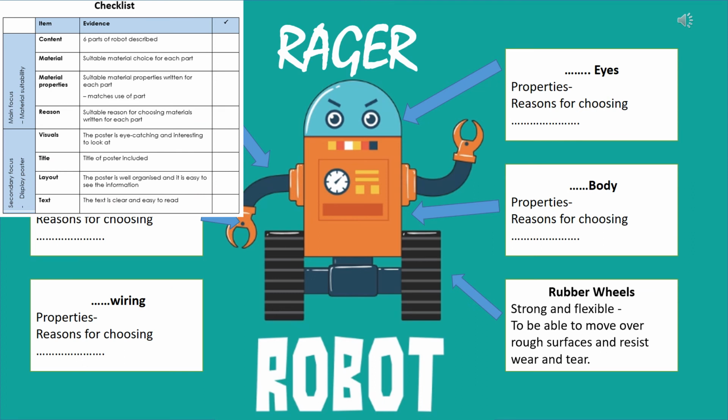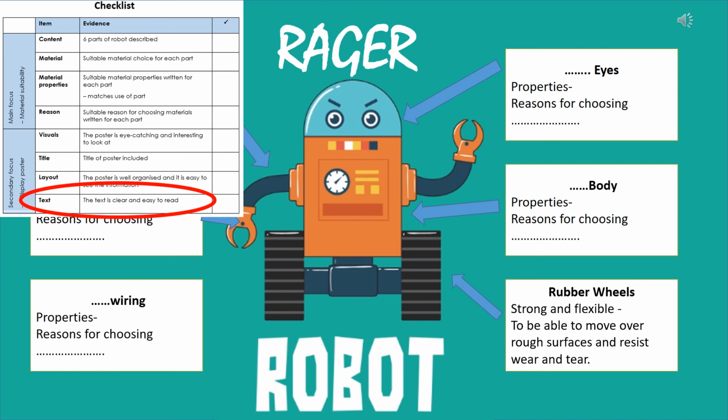The last section on the checklist is the text. The text is clear and easy to read. Now, as this is science, we do not need to do all of the text by hand. We can do it on the computer if you wish. But if you do want to use handwriting, you need to make sure your handwriting is very easy to see and it's nice and clear and it is a good size to read as well.